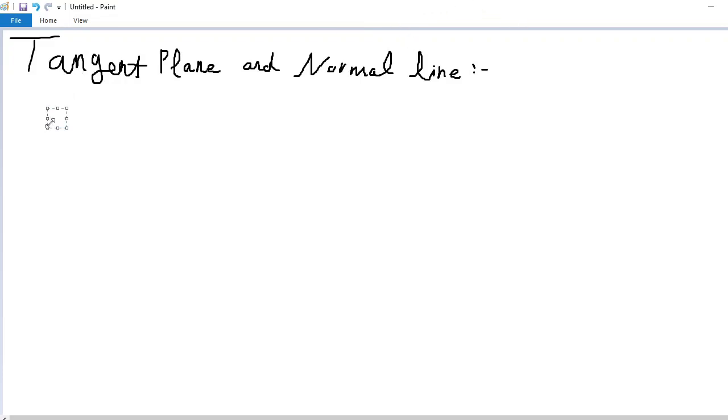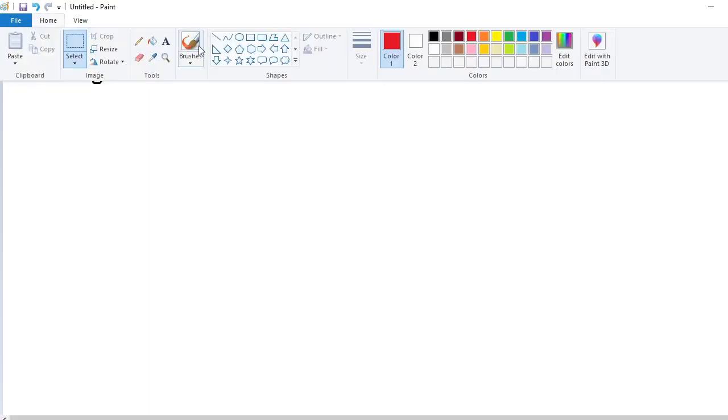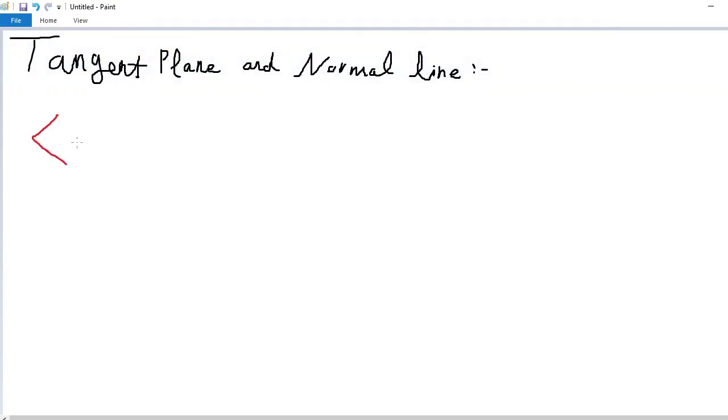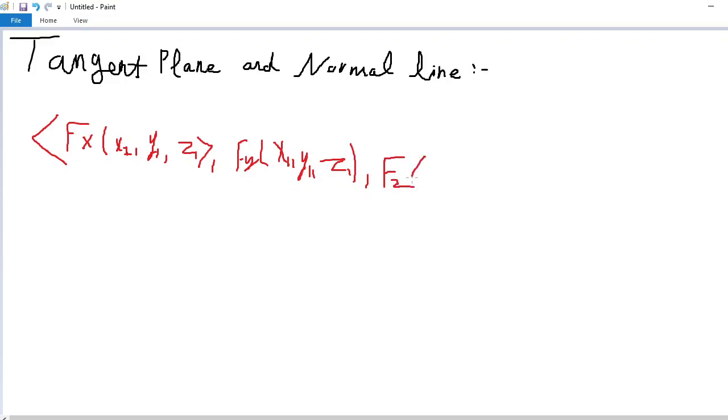The law tells you: fx at x1, y1, z1, then comma, then you write the second partial derivative fy at x1, y1, z1, then comma, then fz, the partial derivative with respect to z, at x1, y1, z1, then we close the parenthesis.